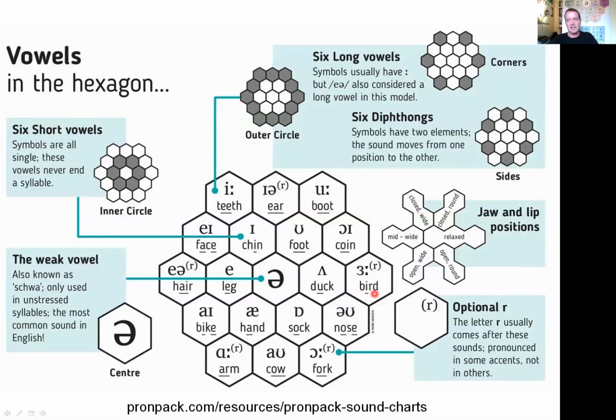In other accents, however, the R is audible as well. For example, bird in American, or bird in Scottish, which sounds more like the Spanish version. So I wouldn't like to say that one version is better than the other. Your accent is your accent, as long as you're intelligible. So these R's in brackets show the R to be optional in those 5 sounds.